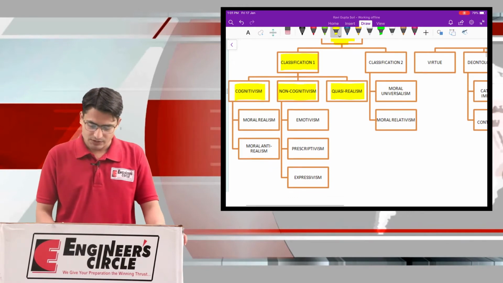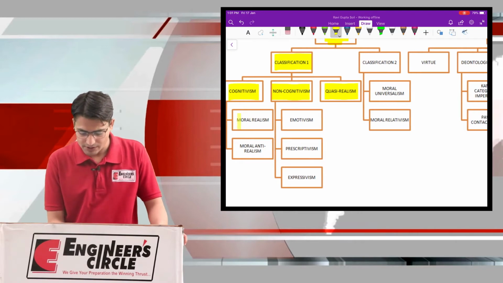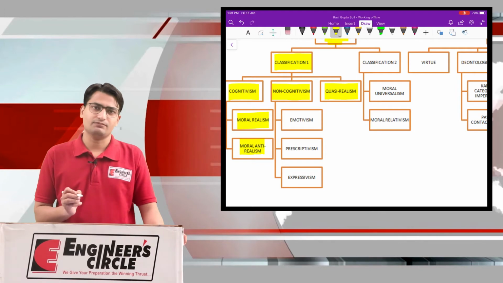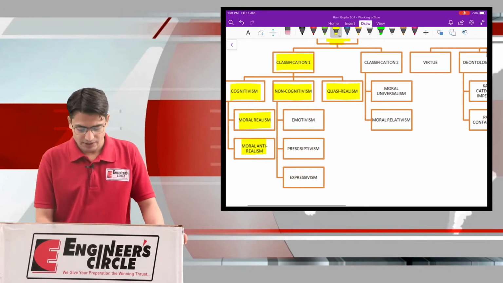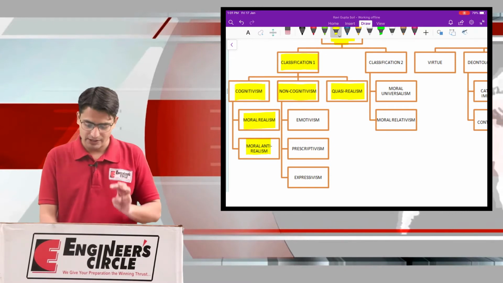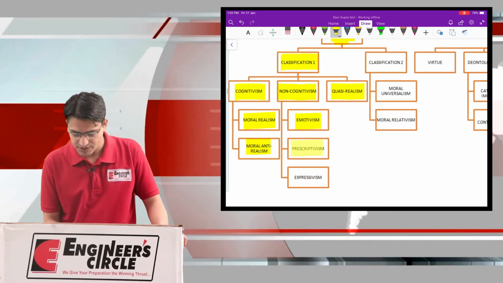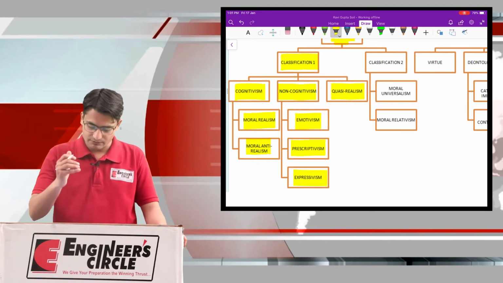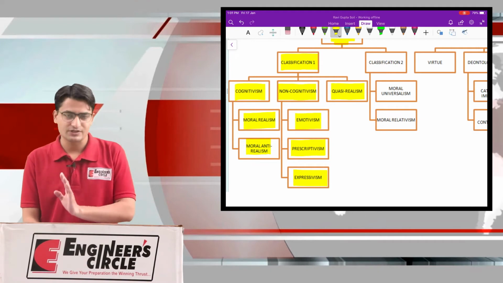Now further, cognitivism can be divided into moral realism and moral anti-realism. If we talk about non-cognitivism, then we can classify it into three types: emotivism, prescriptivism, and expressivism. And the third branch is quasi-realism.